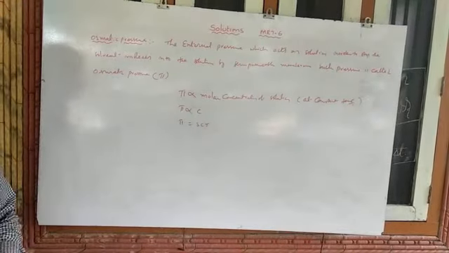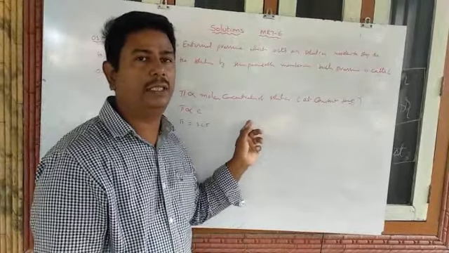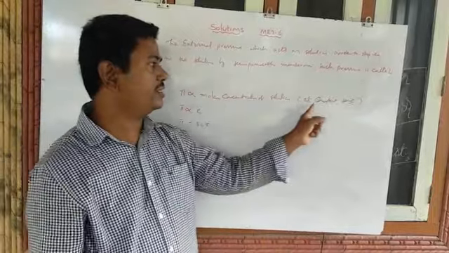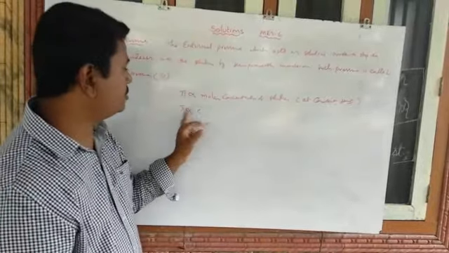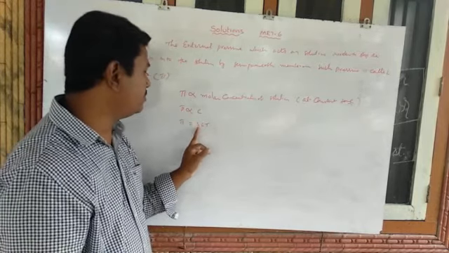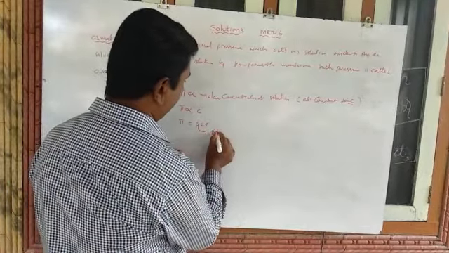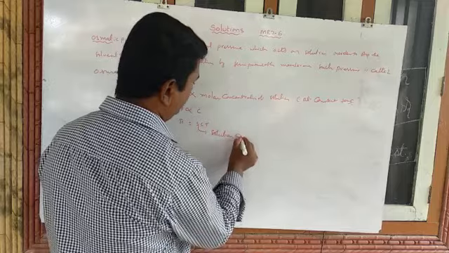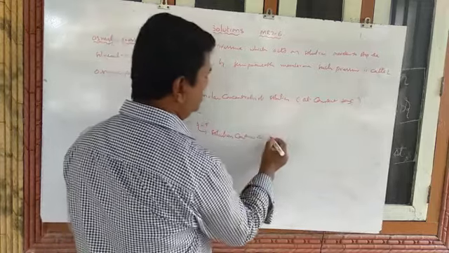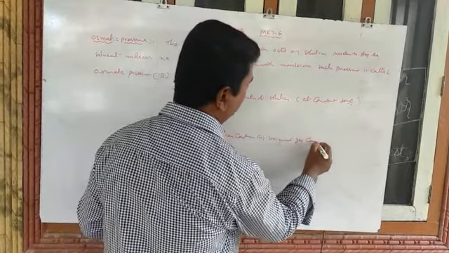So experimentally we find that the osmotic pressure of a solution is directly proportional to the molar concentration of the solution. So that is pi proportional to C, where by removing the proportionality, we multiply with the constant S. Here S is called the solution constant, or sometimes it is called the universal gas constant.